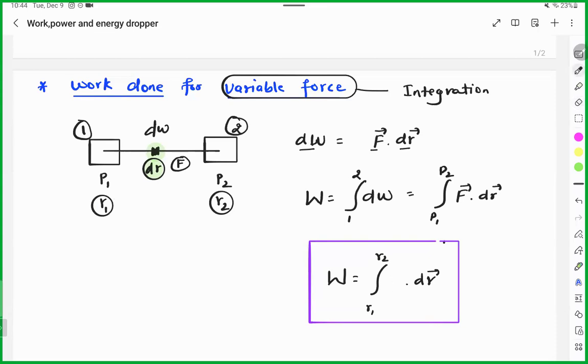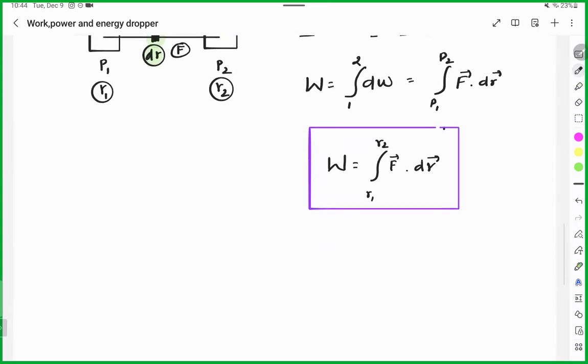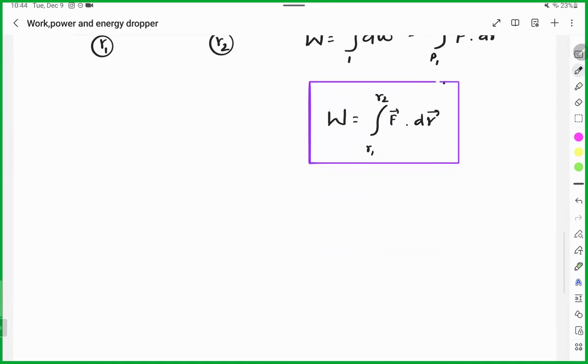So, move to the next part. Whenever you do integration, remember you never get an easy question in NEET directly. You will get a graph in NEET. And here you will have a force displacement graph.